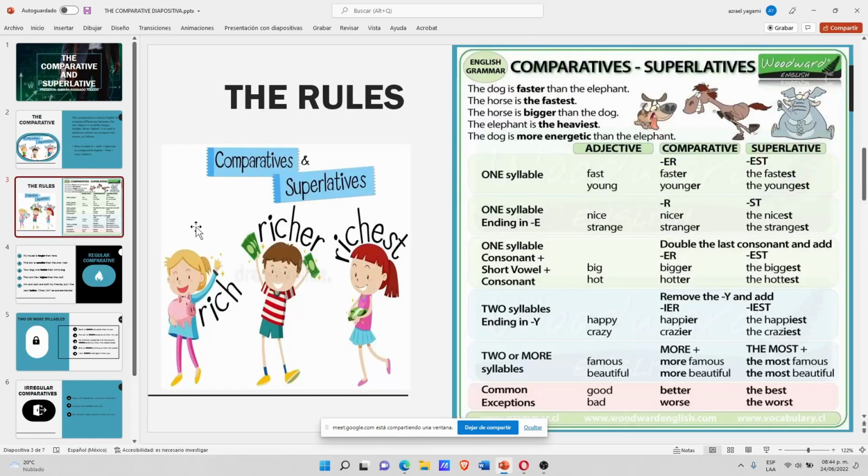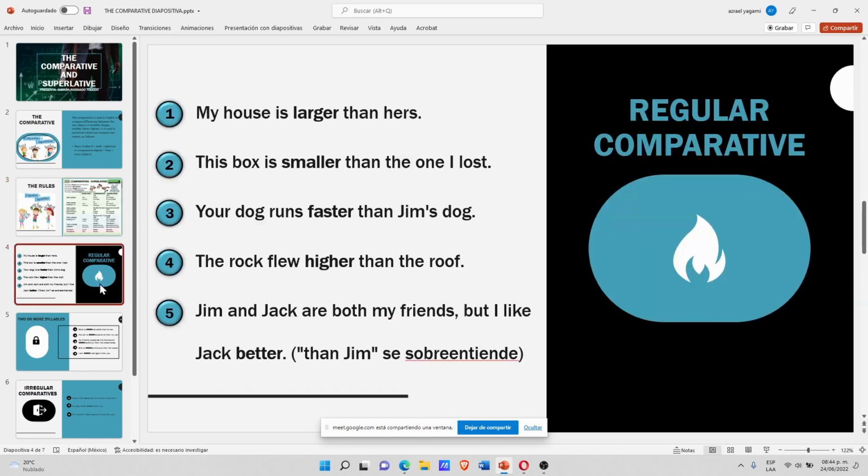Smaller. Where is smaller? Only use est. Okay, try. When you use superlative, do you need to use the before superlative? This box is the smallest, or this box is smallest. In this case, small. Yes.